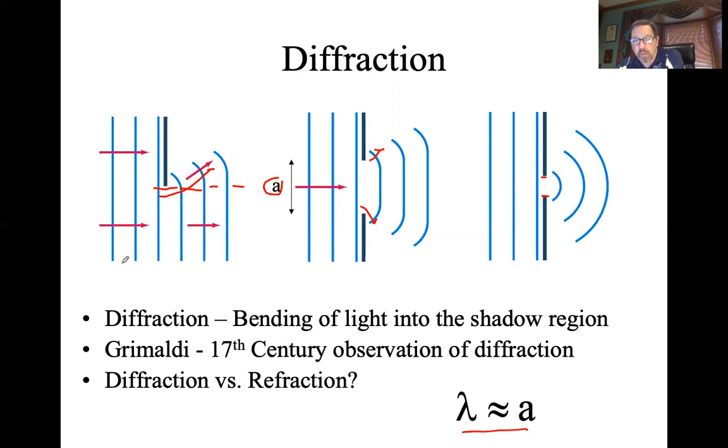Now, I'm showing these wave fronts right here, just so we're clear what I'm drawing. I've connected peaks here, and so the separation between these two is about one wavelength. You can see that's about the opening of this aperture right here. So when the wavelength and the aperture are about the same, we see diffraction fairly well.